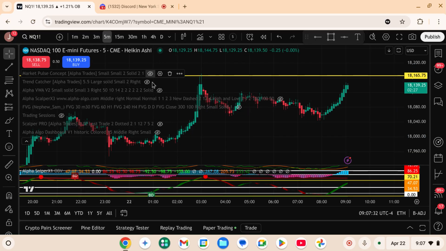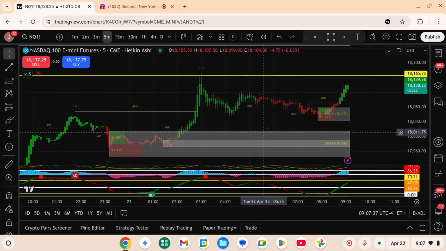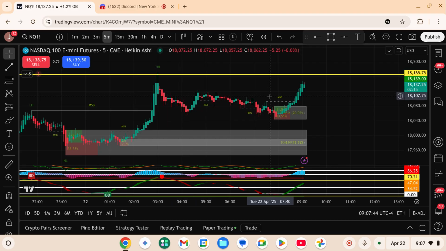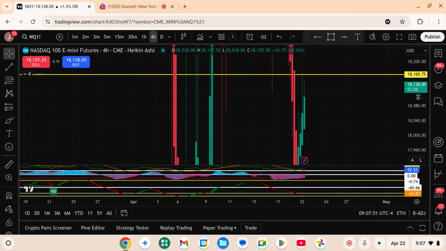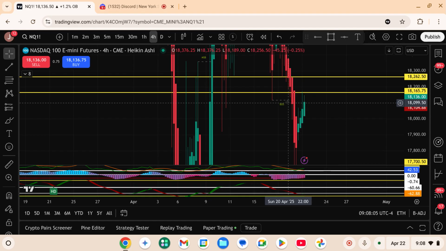All right, let's turn on Market Pulse. Let's look at 4 hour. See what we got. All right, so we got a break of structure here that we didn't tap into with the body yet.